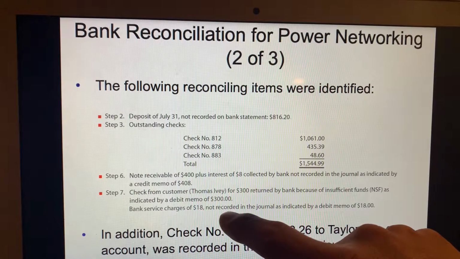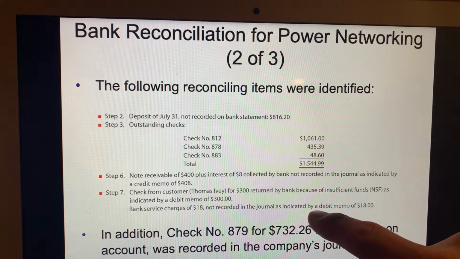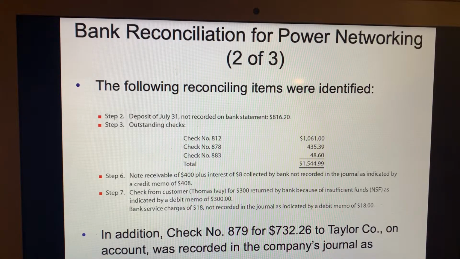Bank service charge of $18 not recorded in the journal as indicated by debit memo of $18. In addition, check number 879 for $732.26 to Taylor Company on account was recorded in the company's journal as $723.26. So there was a typo, 732 and 723.